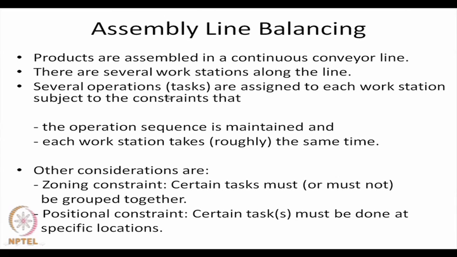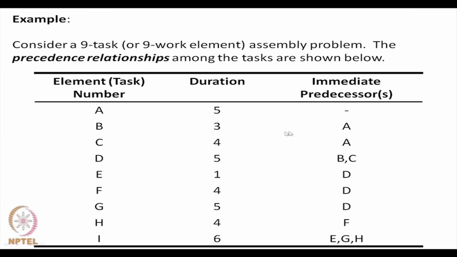So, in which way the operations should be grouped so that these two are achieved. The other considerations are that there could be a zoning constraint, or that certain tasks must be done at specific locations and all that. They are more difficult to handle, but these are easier things to handle and we will study that. We are illustrating this with the help of an example.